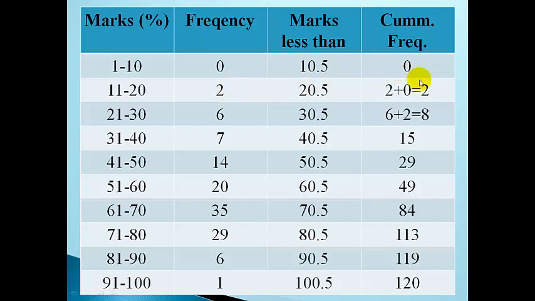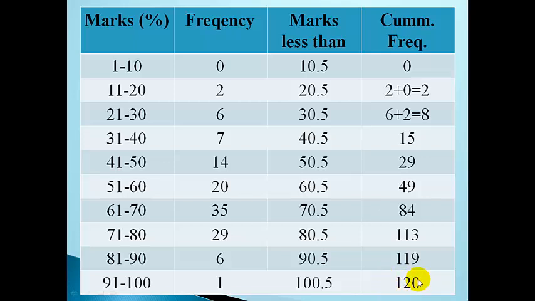So 2 plus 0 will give us 2. 6 plus 2 will give us 8. 7 plus 8 will give us 15. 14 plus 15 will give us 29. 20 plus 29 will give us 49. 35 plus 49 will give us 84. 29 plus 84 will give us 113. 6 plus 113 will give us 119. And 1 plus 119 will give us 120. So the total cumulative frequency is 120.